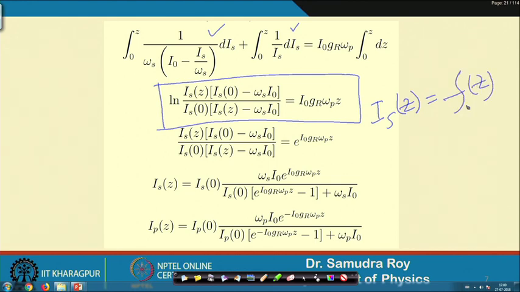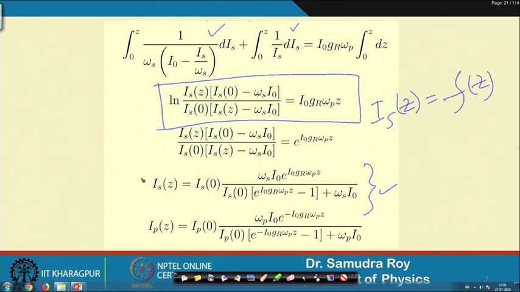So, I need to find the evolution of I s of z. I can put I s on one side and the rest of the part on the other side, which is again not a very big deal if you do the algebraic calculation in the proper way. So, I leave it as a small homework. Just extract I s from this equation, and if you extract I s of z from this equation, you will land on this expression.